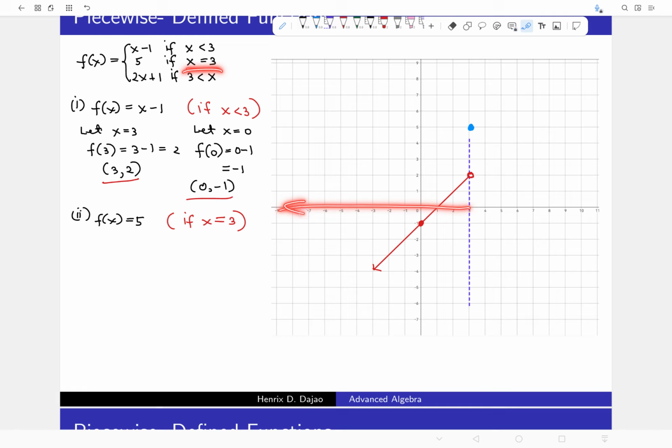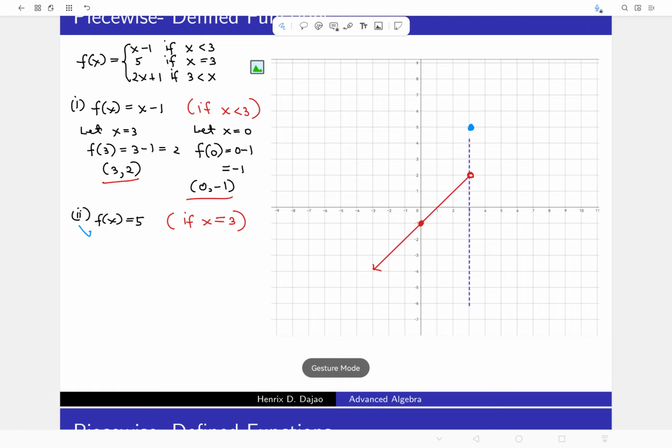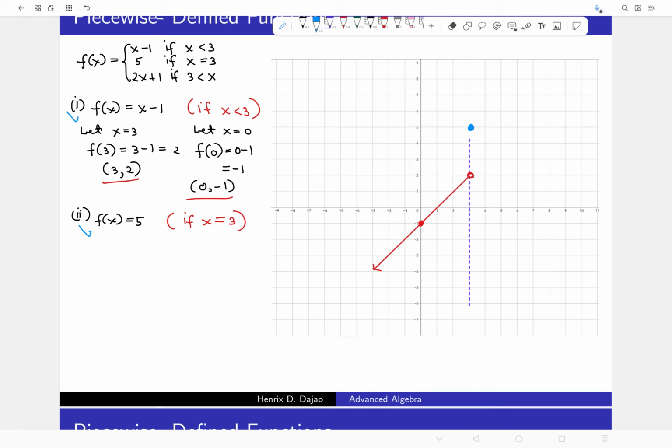Not x less than 3 or x greater than 3, but only x equals 3. Okay? So we've already plotted the point or the part of the graph, and for number 1, we've already demonstrated that one.